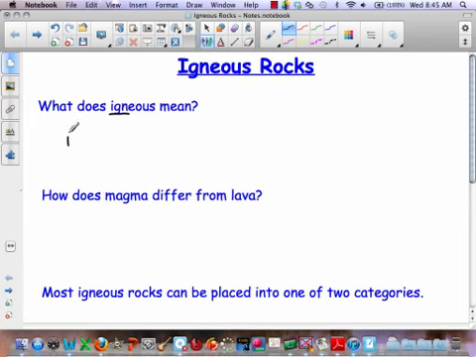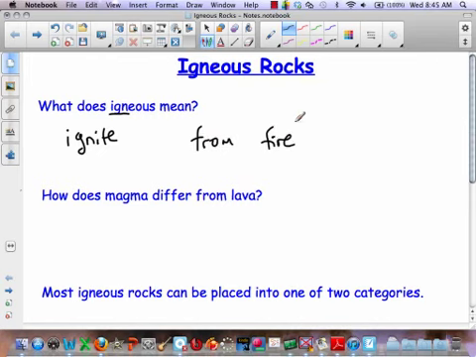Think about the word ignite. What does ignite mean? It means to set on fire, to start the fire. So when we look at igneous rocks, that term igneous basically is nothing more than from fire.